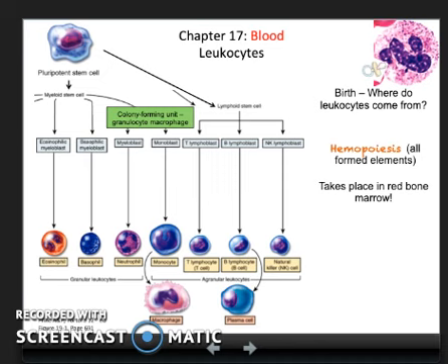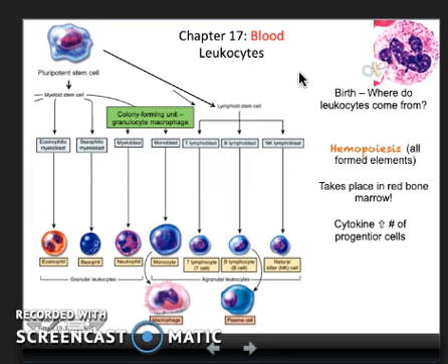Now, when we're talking about white blood cells here, we've got cytokines that can increase the number of progenitor cells. Those progenitor cells can then differentiate into a variety of different precursor cells.